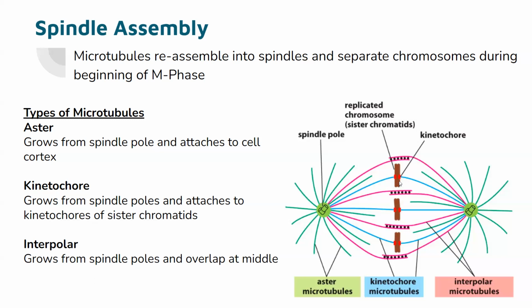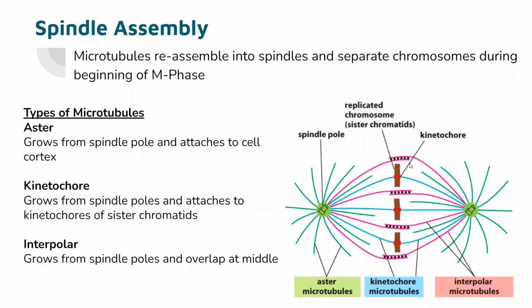So the kinetochore is going to be connected to the microtubules here, the kinetochore microtubules, which are also connected to the spindle poles. And then lastly, we have these interpolar microtubules, which are also attached to the spindle poles, but they're attached to each other through these motor proteins that we'll go over as well.